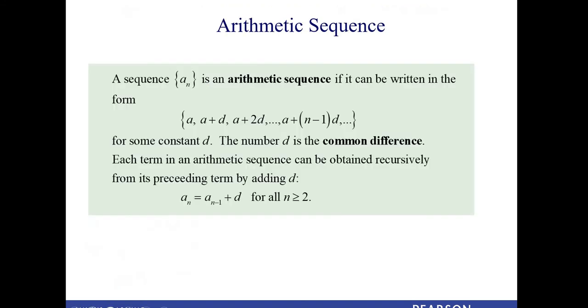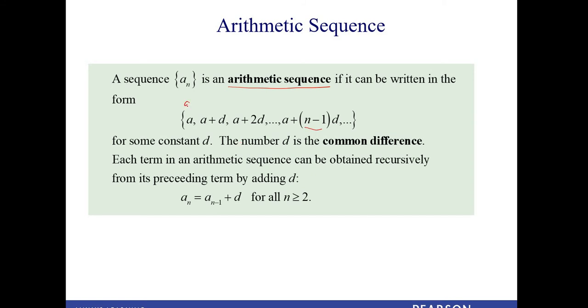We'll look at two different kinds of sequences now, arithmetic and geometric. Some sequences are defined by a rule that is neither arithmetic nor geometric, but some of them can be defined in this special subcategory. So a sequence, A sub n, is arithmetic if it can be written in the form A, A plus D, A plus 2D, all the way up to A plus (n minus 1)D.